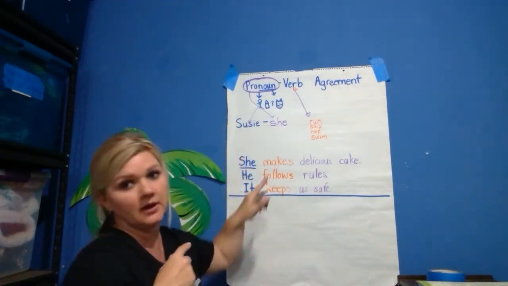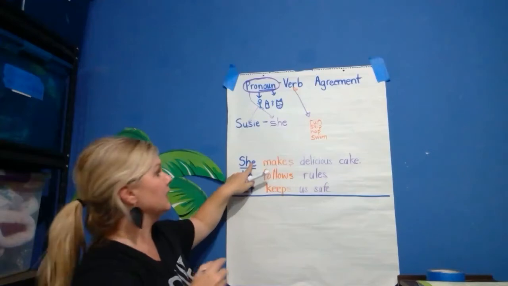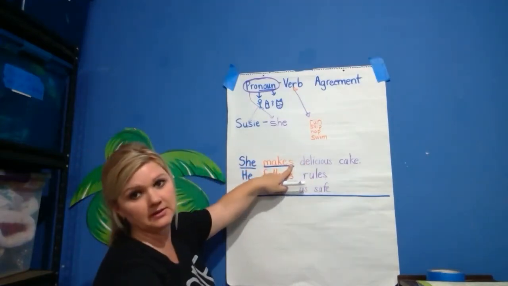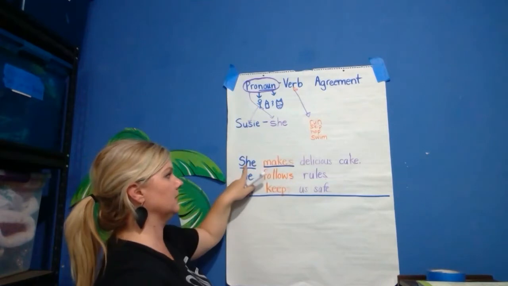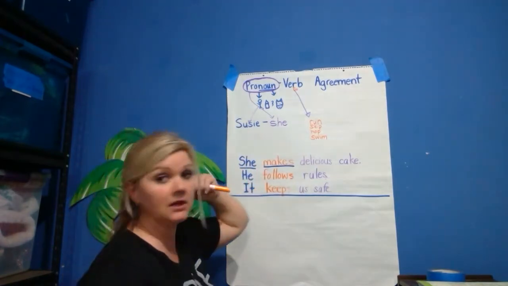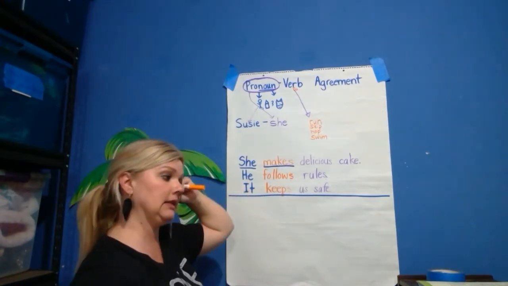So if I were to do that on my example here, I would say she is my pronoun, and this is my verb, and that is my agreement, okay? So the S is making an agreement with my noun, okay? All right, if you're really confused, you can message me on Seesaw, but that is the rules.